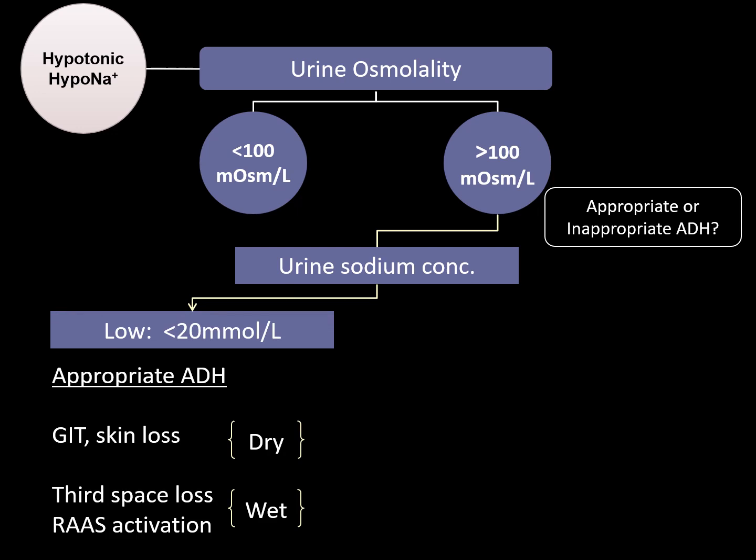If the kidneys are also trying to retain sodium such that there is a low urine concentration of less than 20 millimoles per liter, we may presume that the ADH secretion is appropriate and look for any causes of volume or water loss, such as from the GI tract or from the skin, or even from third space loss, such as in nephrotic syndrome or in RAS activation.